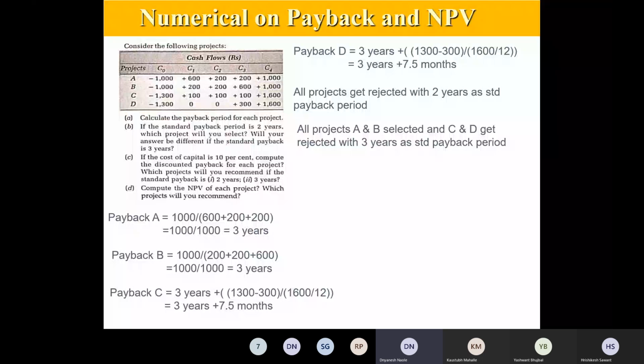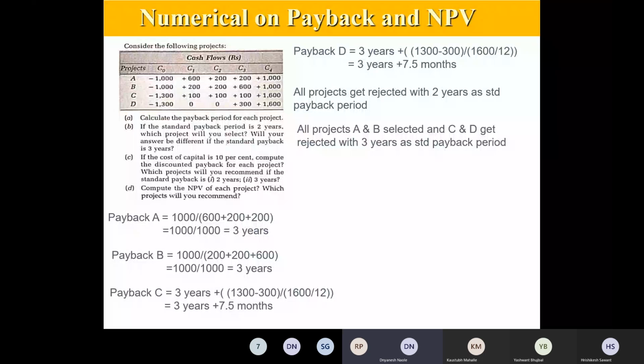Now I am asking you a question, whether it is true or false. The discounted payback period is always less than the simple payback period. Is this true or false? True.